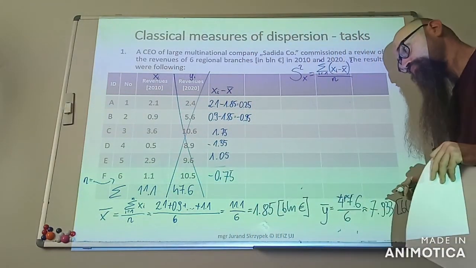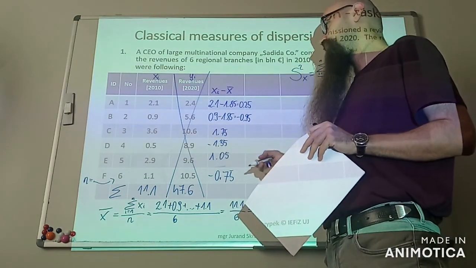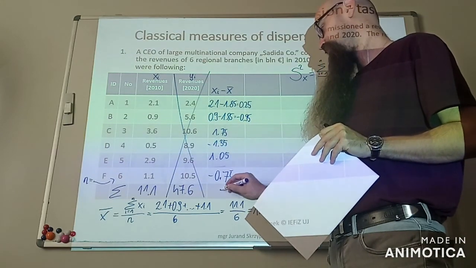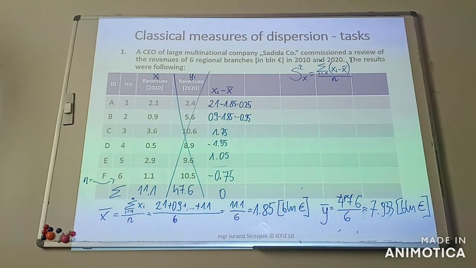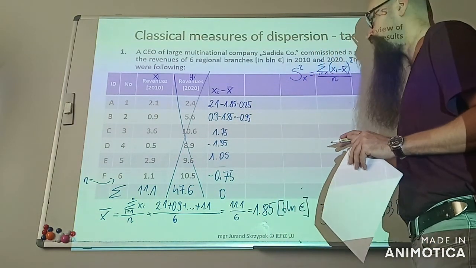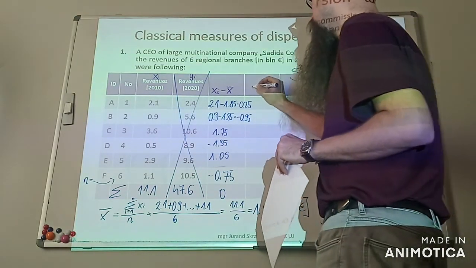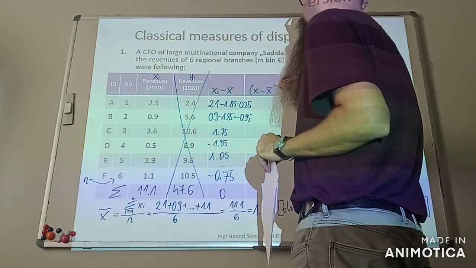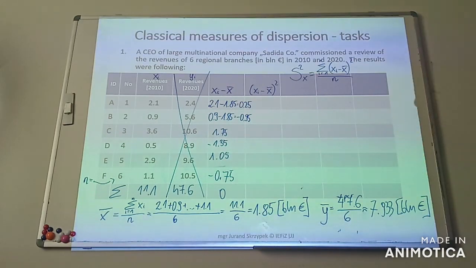You can check that the sum of all deviations is exactly equal to 0. It is consistent with the theory. But we are interested in the squared deviations. So in the next step, we will raise these deviations to the power of 2.